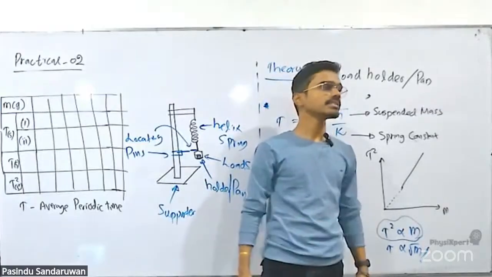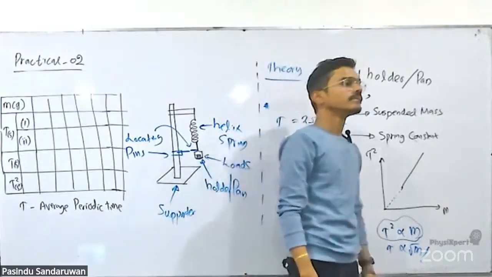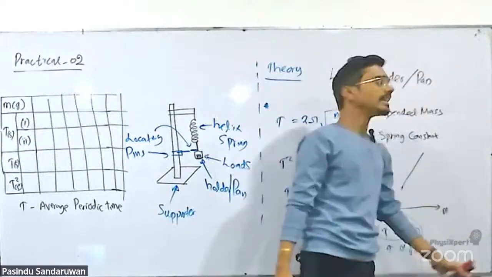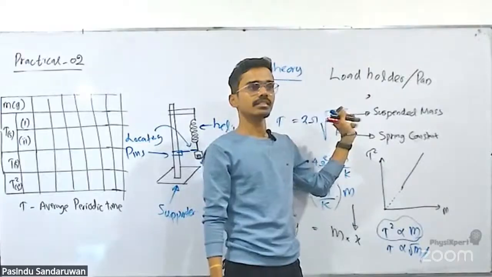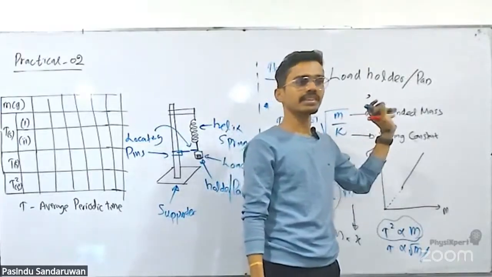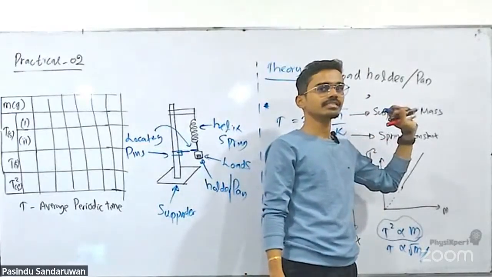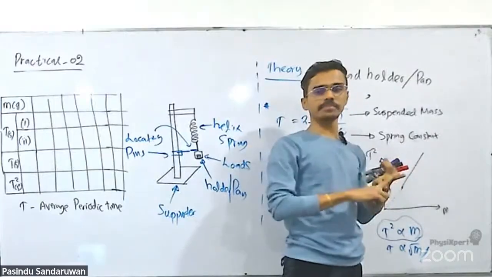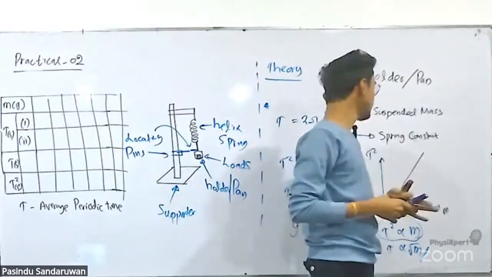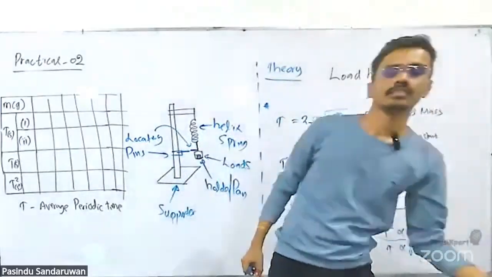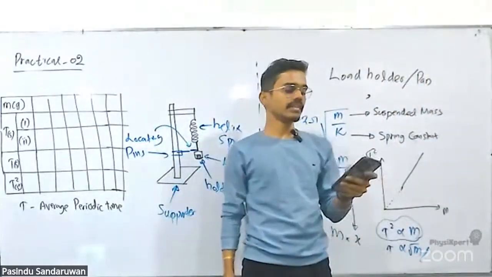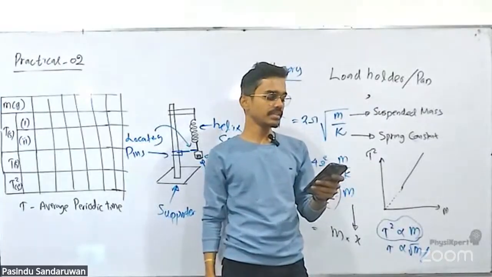What is it? This equation is valid for only which type of strings? In both physics and combined maths, we do the same. Online students? Tell me, this equation is valid only for which strings?